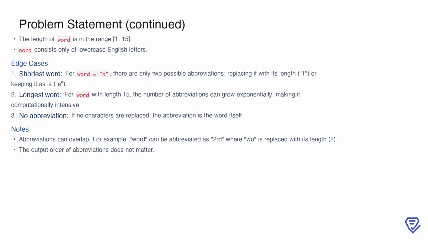Additionally, if no characters are replaced, the abbreviation is simply the word itself. It's also important to note that abbreviations can overlap. For example, "word" can be abbreviated as 2rd, where "wo" is replaced by its length of 2. Finally, the order of the abbreviations in the output does not matter, as long as all valid abbreviations are included.